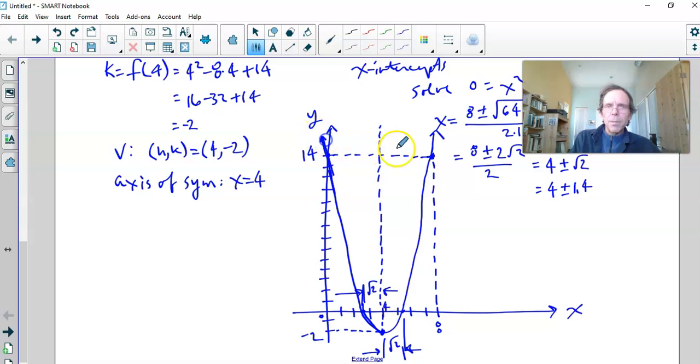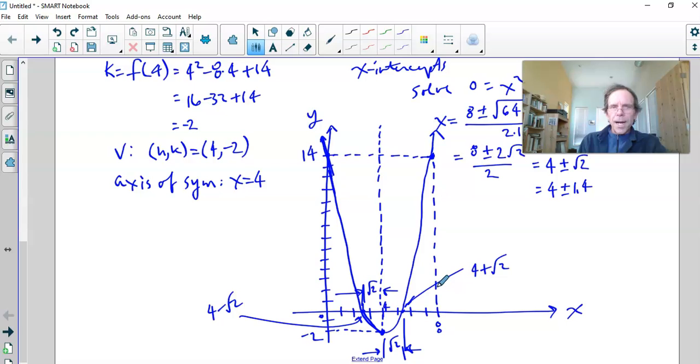And we have just about everything else here. If we wanted to, we could state what these points are. This point is 4 plus square root of 2. And this one right here is 4 minus square root of 2. All right, what have I forgotten? Have I forgotten anything? I think I see everything there.